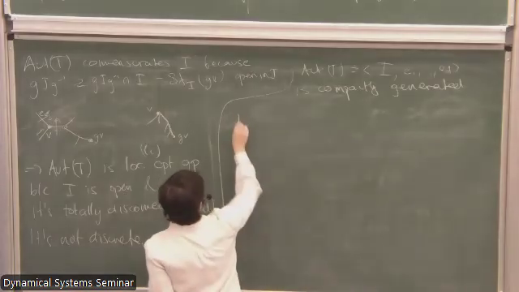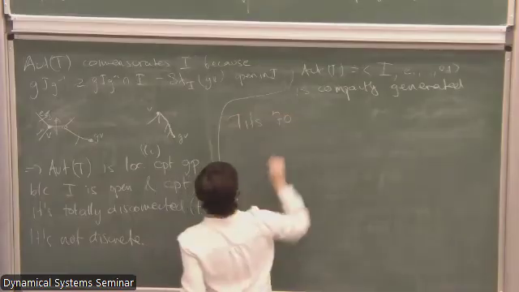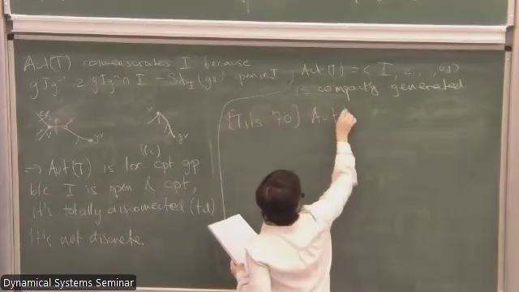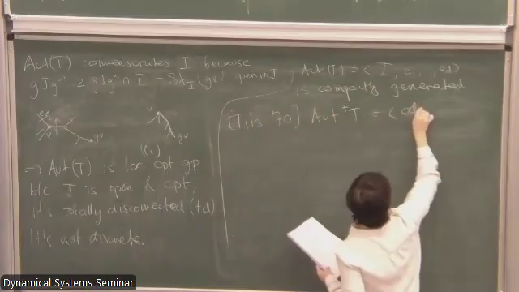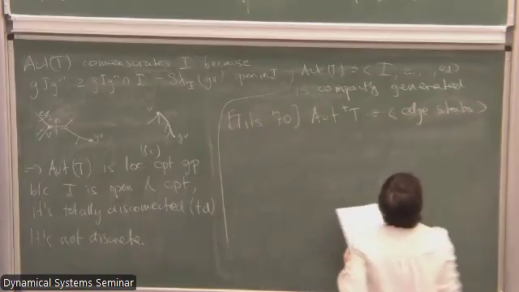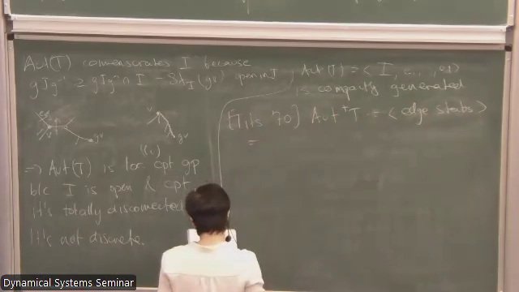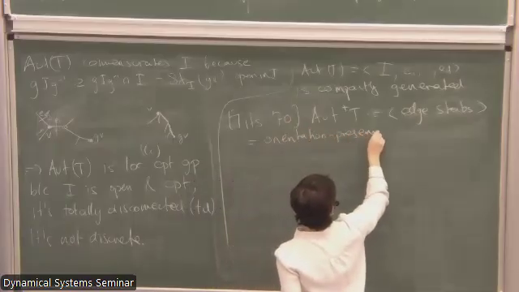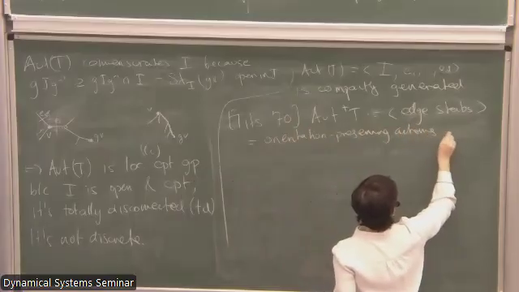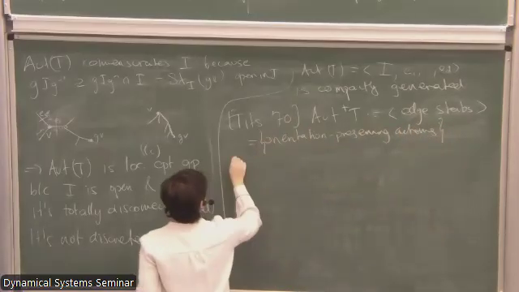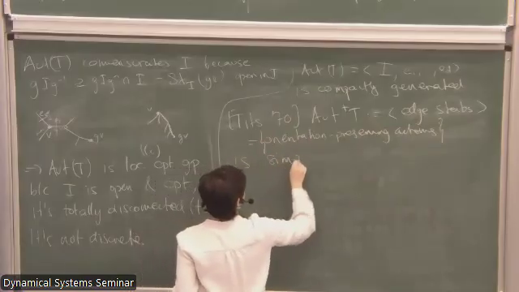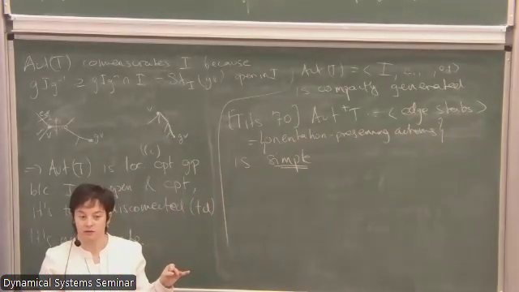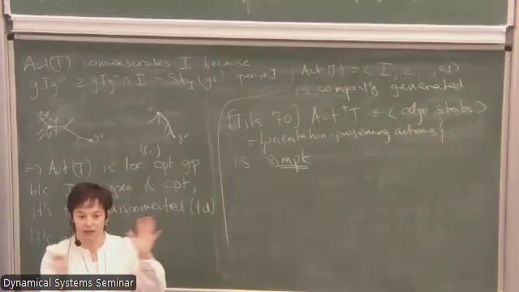And what else? The important thing is that Jacques Tits proved in 1970 that OT plus, the subgroup generated by all edge stabilizers, which is the same as the orientation preserving automorphisms, is simple, meaning on the nose simple, no normal subgroups, whether open or closed or dense or anything, no topology involved.